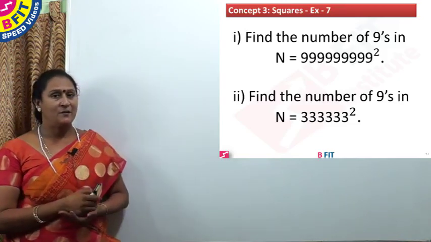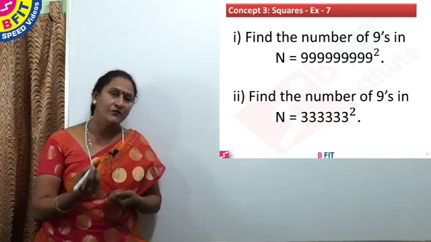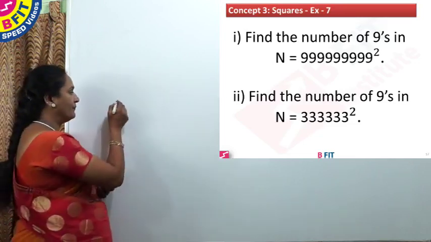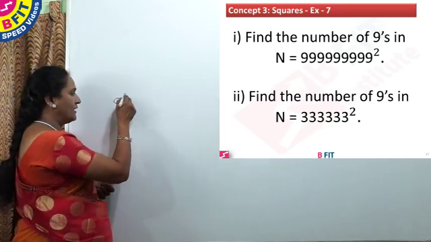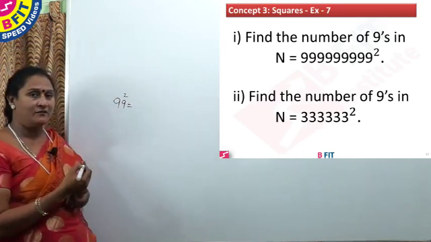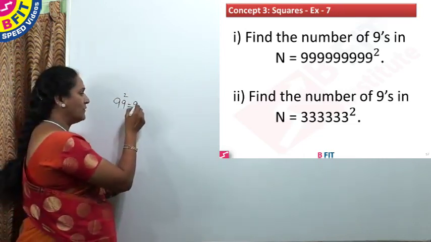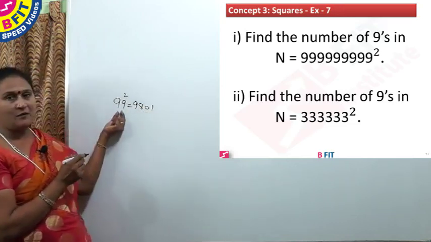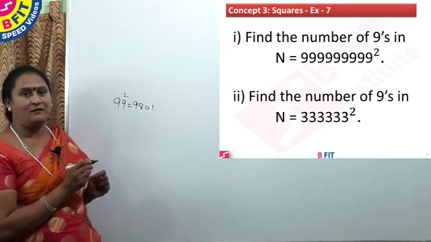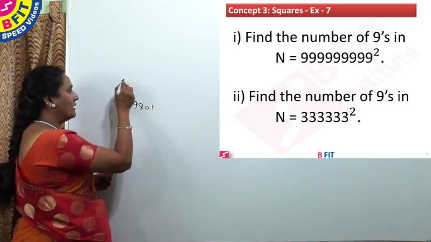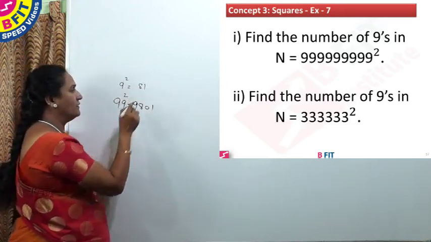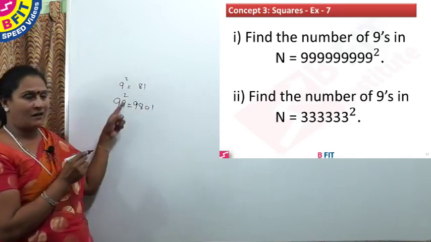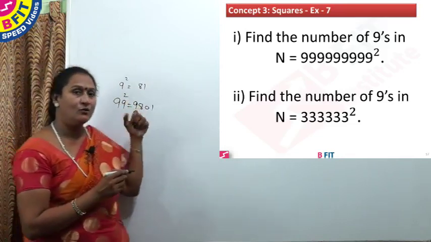We have seen the pattern. Suppose you are squaring 99. What was the answer we saw in that pattern? It was 9801. When you square 99, you will have one 9. If you are squaring 9, it is 81, so when you square one 9, there are no 9s in the square.